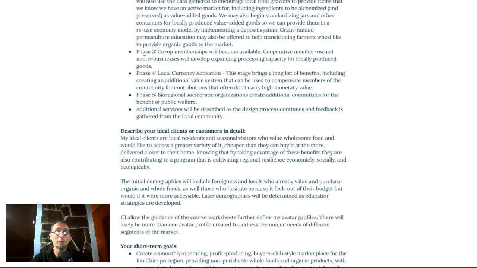Cooperative member-owned microbusinesses will develop expanding processing capacity for locally produced goods. It's going to be like a commercial size solar food dryer, or a solar bakery, or a workspace, could be just different little micro enterprises, a tool bank, all kinds of possibilities, a coffee refinery.